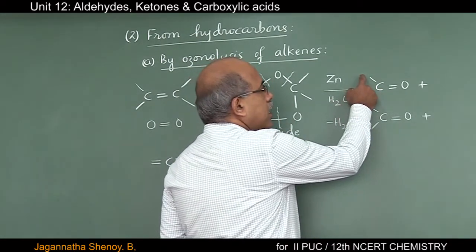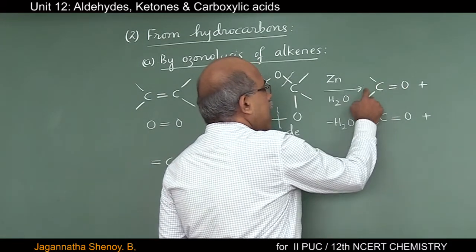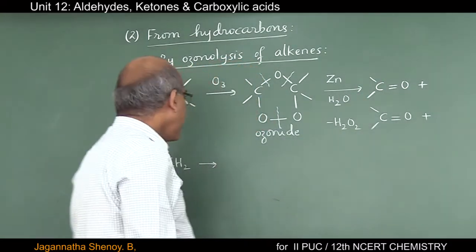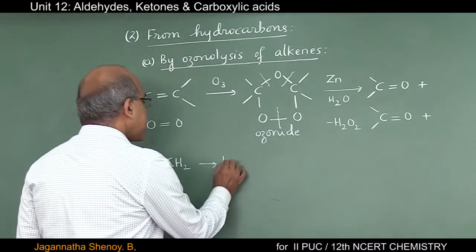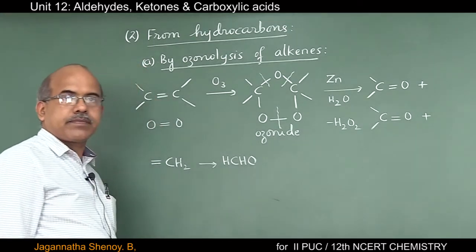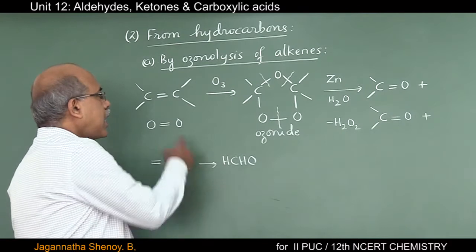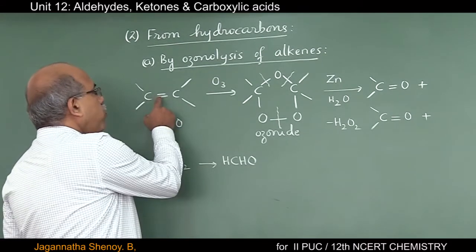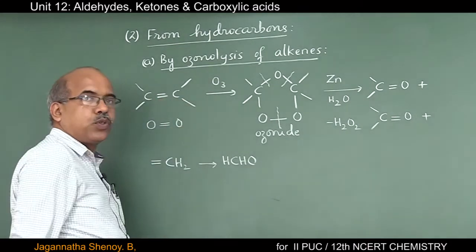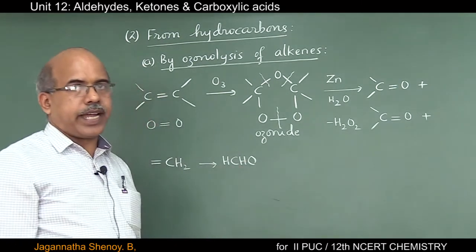The product is HCHO. So what is that HCHO? HCHO is nothing but formaldehyde. In other words, it's very clear that in the starting alkene, if we have a double bond CH2 group, the product of ozonolysis will be formaldehyde.